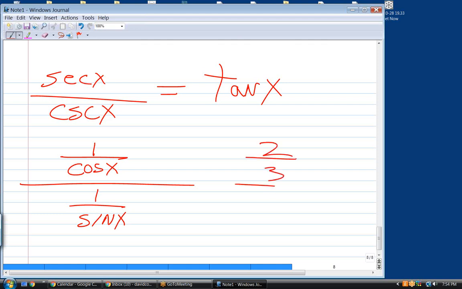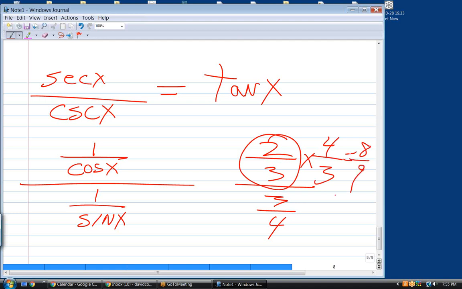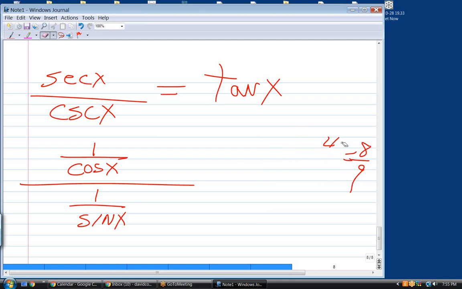If I'm dividing 2/3 by 3/4, that's not a division problem to me. That's a multiplication problem. That's the same as 2/3 times 4/3. So reciprocal to multiply. Exactly. And that's the way we're going to do all of these with trig.